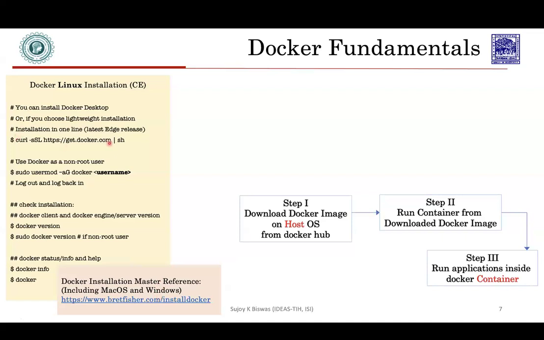For Linux, this command is good enough, and then you need to add the user into this group. Otherwise, every time you use a Docker command, you need to use sudo, which is not very efficient to work with. So if you give this command, then you don't need sudo every time you use a Docker command. When these two commands are done and Docker is installed, you can check with docker version.